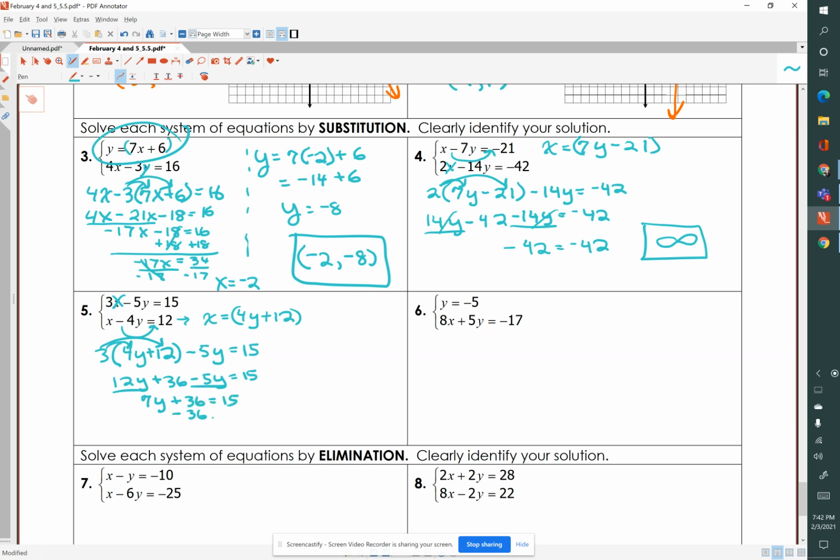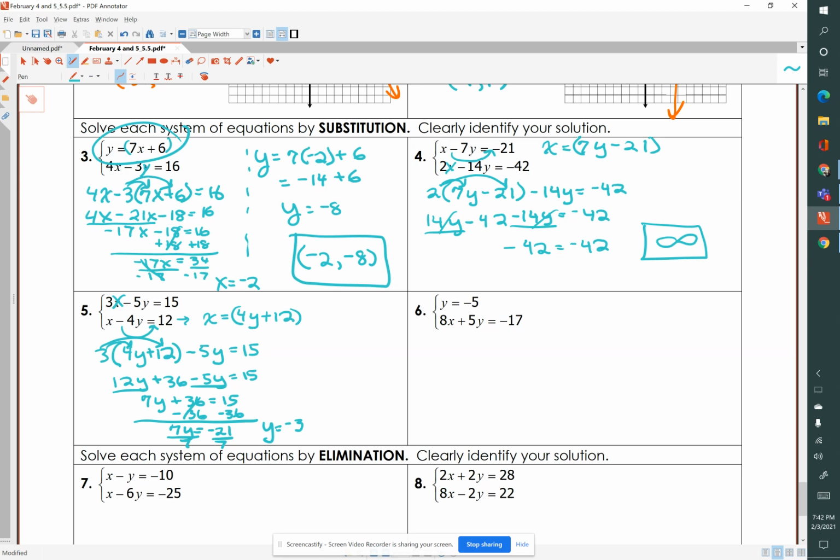I'll subtract 36 from each side. 7y equals negative 21, and when I divide both sides by 7, y equals negative 3.